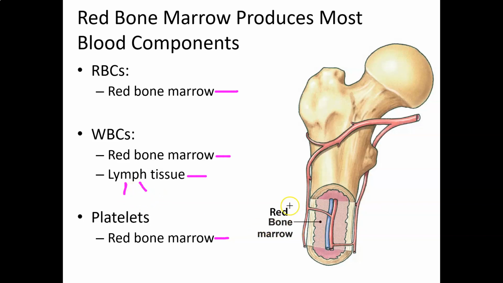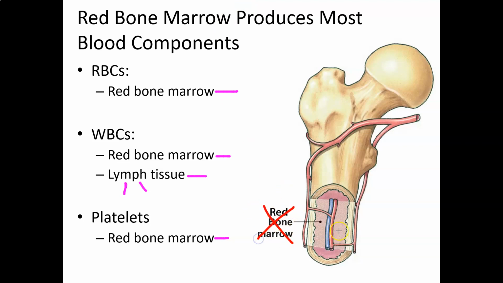One of the things that we often notice on artistic renditions of things, especially in science, is there's often mistakes. And here's a mistake that you probably just want to point out. If we look right here, this indicates the red bone marrow, right? The red bone marrow is not that.